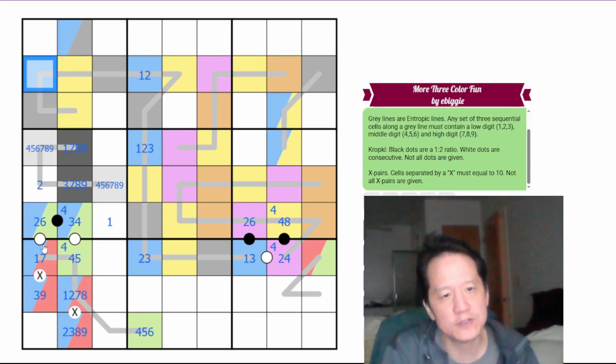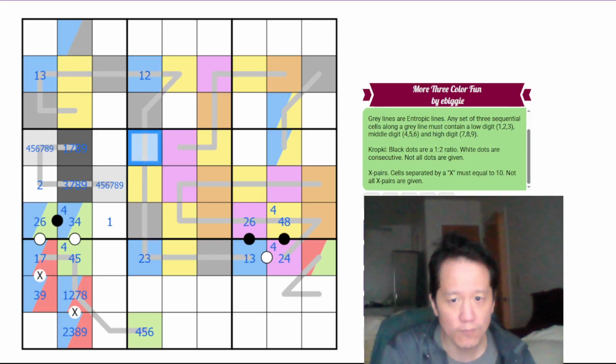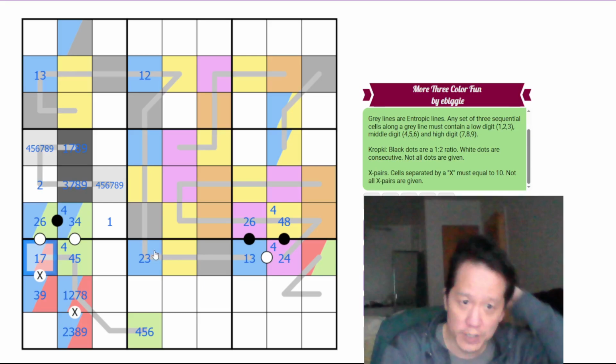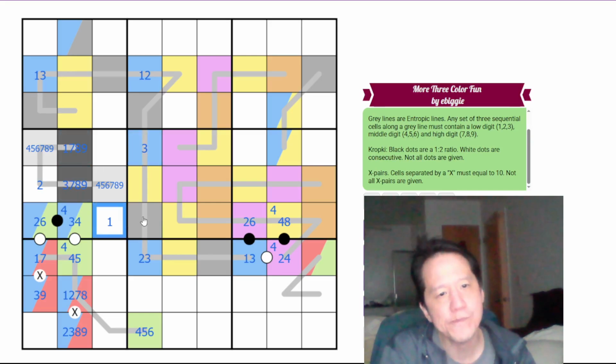If this is 3, this would be 2. This would have to be 1. So this is 1 or 3 there. If this is 3, this is 2, this would be 1. So again, this is 2, this is 4. This is 6, this would be 4, this would be 8, this would be 3, 1, this would be 2. So this would be 1, this would be 3. And this would be 1 and 3 there. Which seems to work fine.